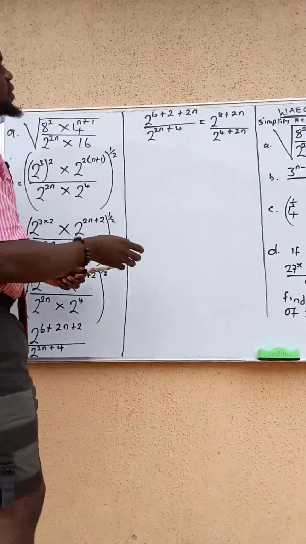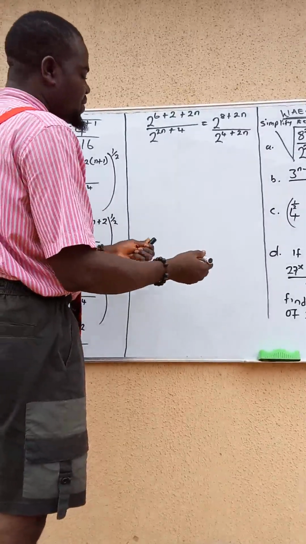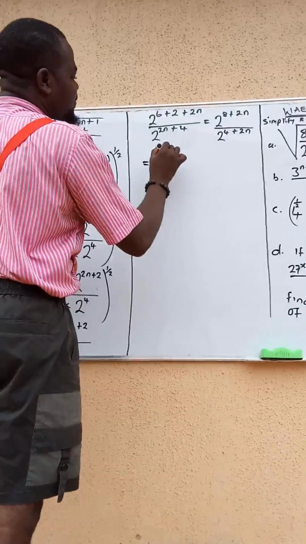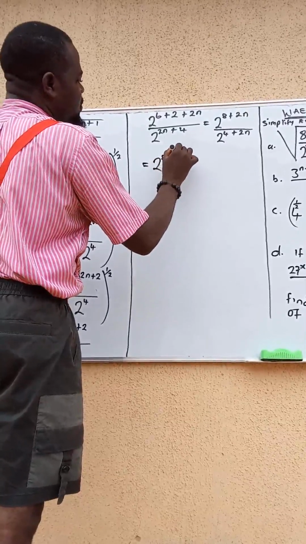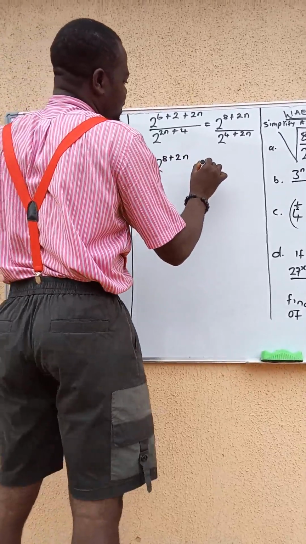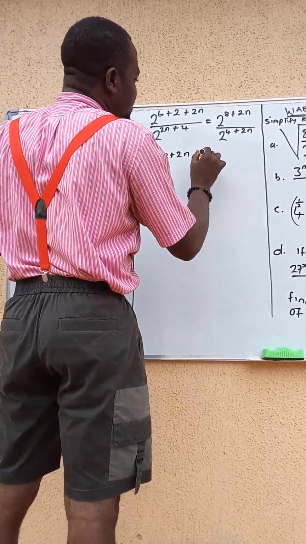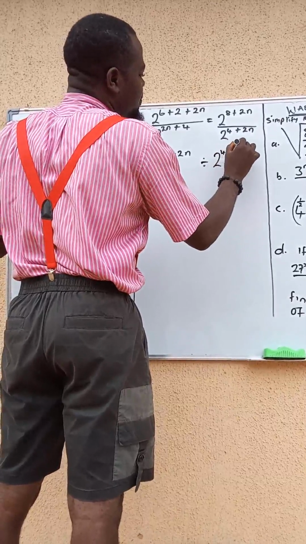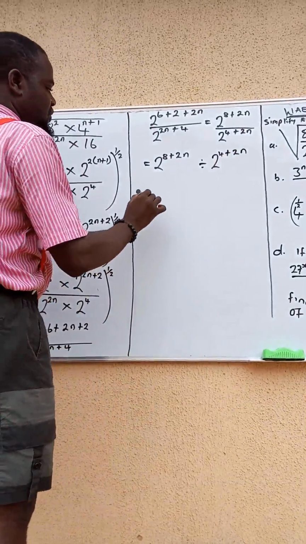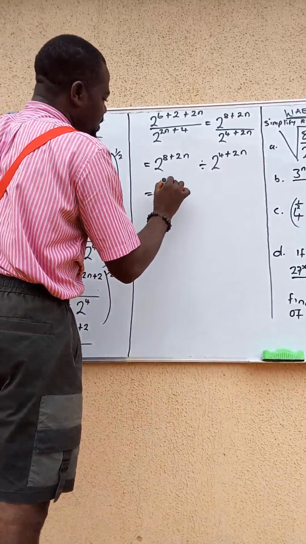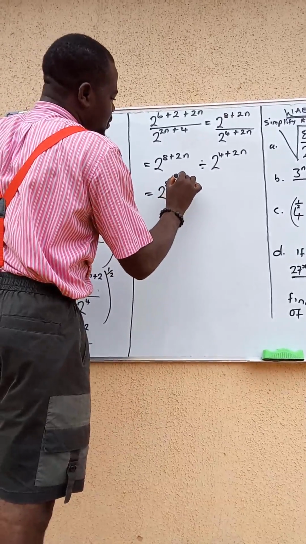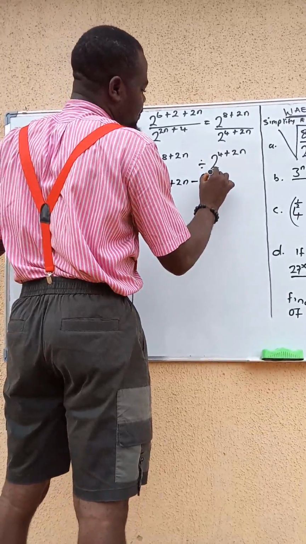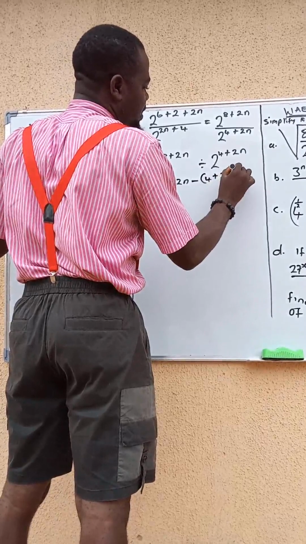Now if you look at it very well, this thing can still be simplified to 2 raised to the power of 8 plus 2n divided by 2 raised to the power of 4 plus 2n, which is the same thing as 2 raised to the power of 8 plus 2n minus 4 plus 2n.